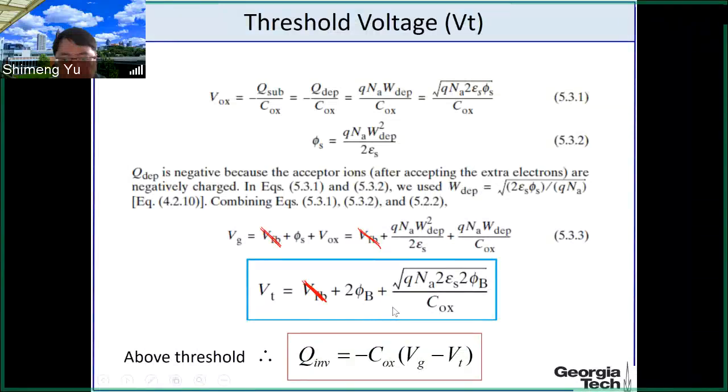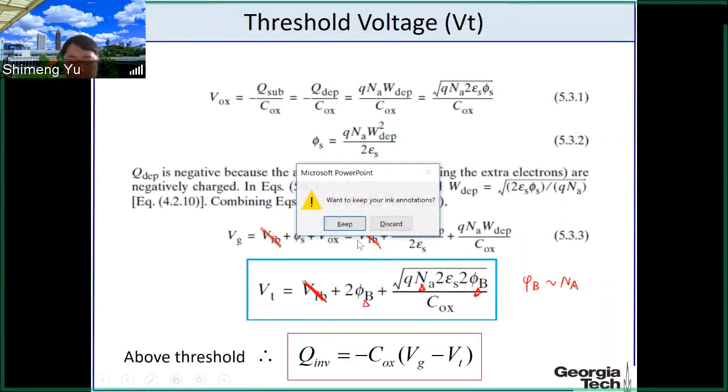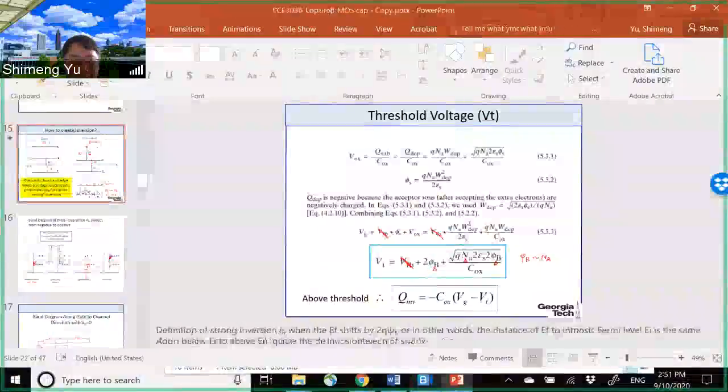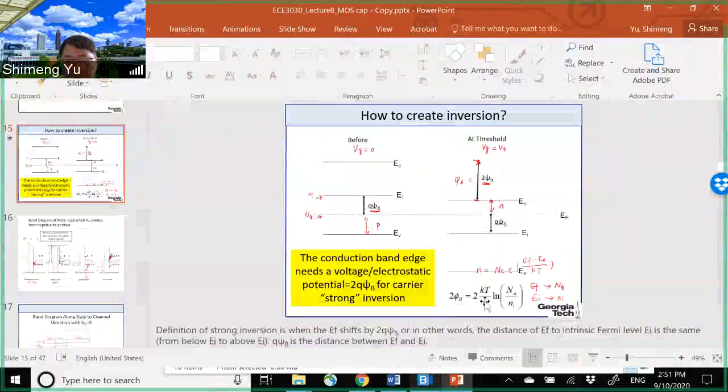Then you can see here, it depends on what? It depends mostly on the doping, the Na. Why is that? Because the phi B also depends on Na. If you want to recall the phi B's equation here, phi B is this natural log Na over the Ni.